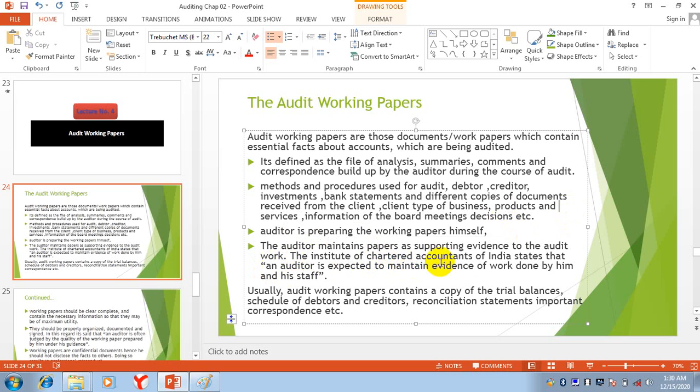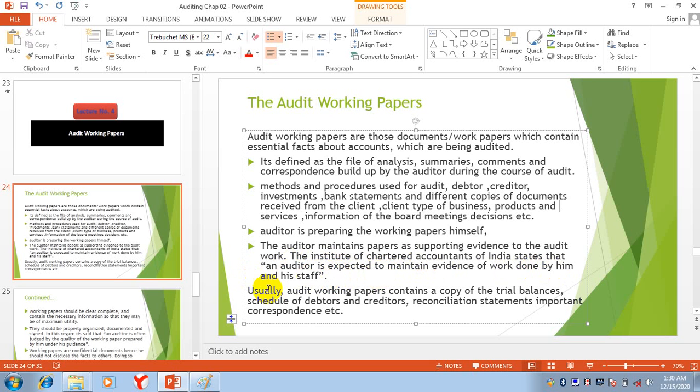The Institute of Chartered Accountants of India states that an auditor is expected to maintain evidence of work done by him and his staff. He will keep evidence of what he did and what his staff did in the audit.